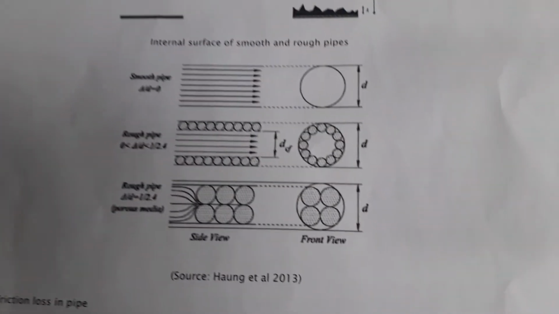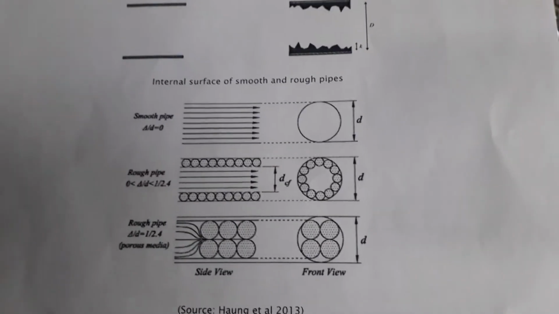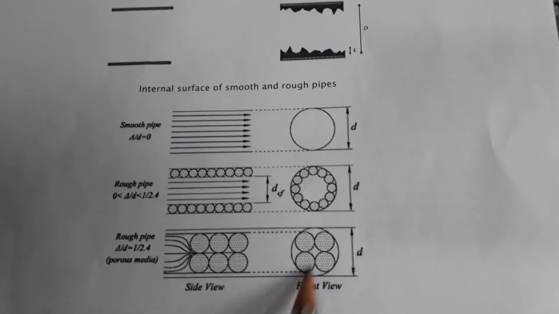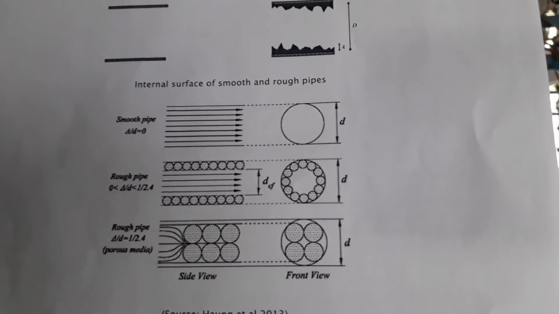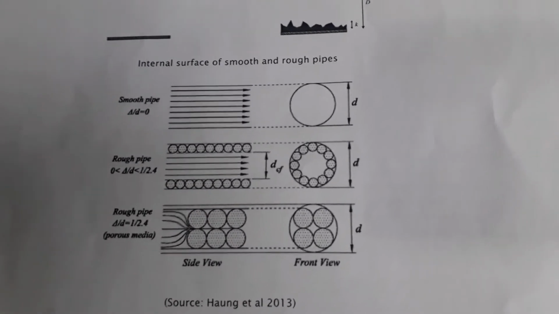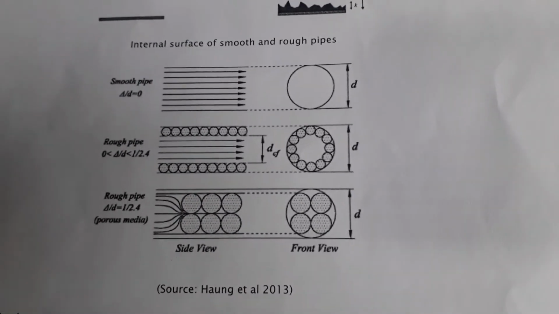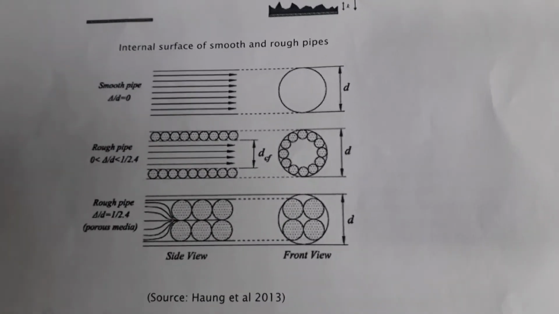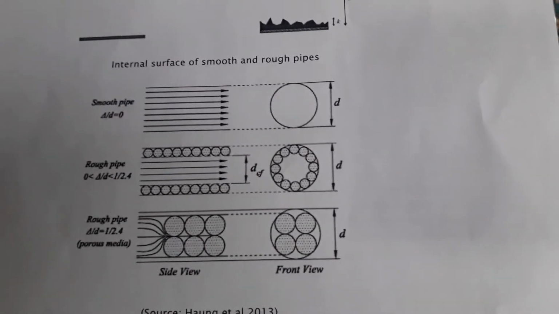Next is turbulent flow. The turbulent flow moves like this. It occurs when the liquid is moving fast with mixing between the layers. The speed of the fluid at a point continuously undergoes changes in both magnitude and direction.